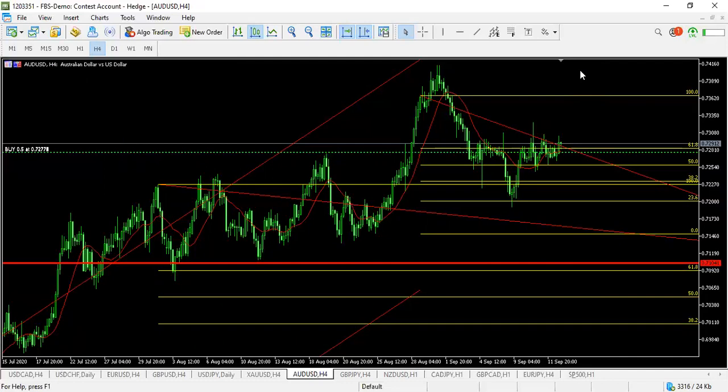So whatever happens, if Australia's job report for August is positive, then we will get the middle term target reached at 0.75 or 0.76.